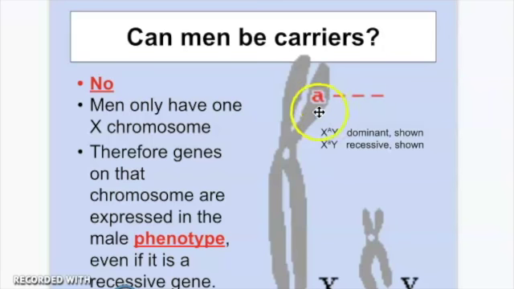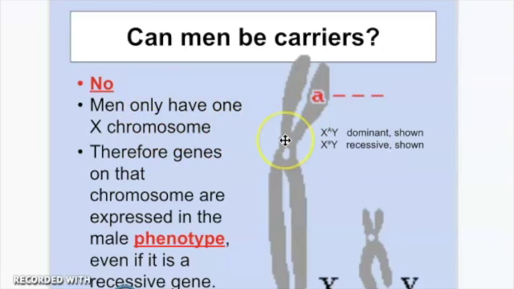Okay, so if they got a big A here, that dominant allele, they would have the dominant phenotype of normal. But if they get the recessive allele, then they are going to have the recessive phenotype of color blindness.